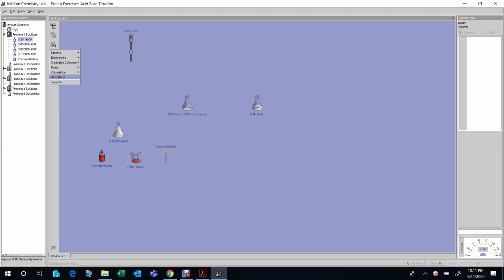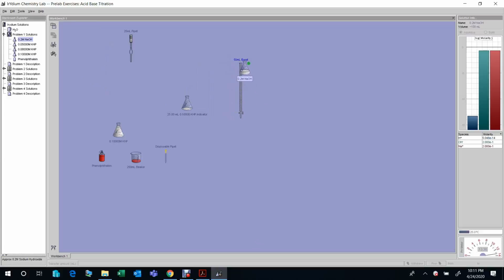So let's see, this 50 milliliter burette, right? And then we can first transfer this solution to here. You see it shows green light. Then we can do that, but we need to be very careful because remember, when we transfer solution this way, we use our hand, and our hand cannot control very well.